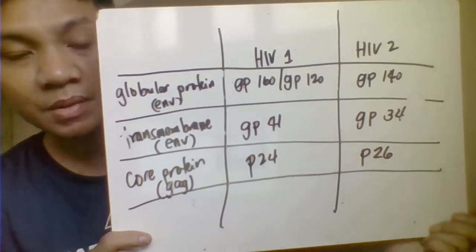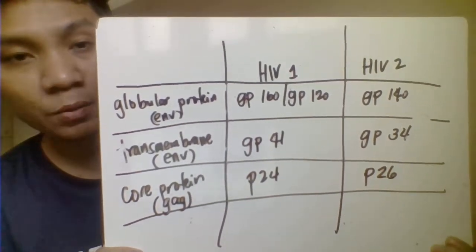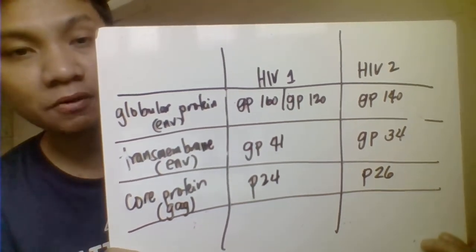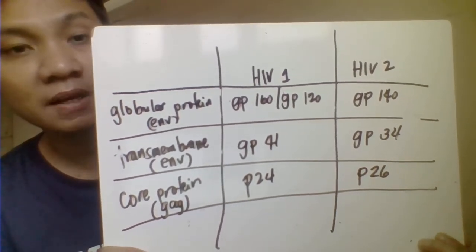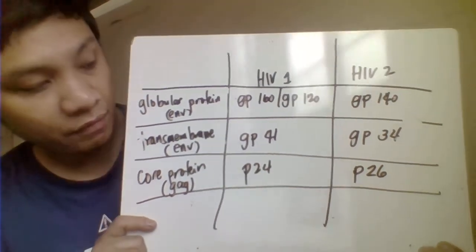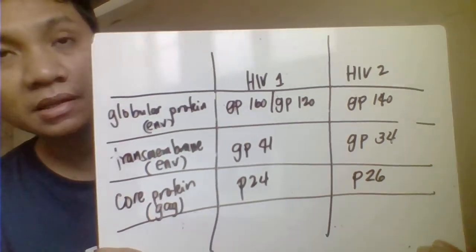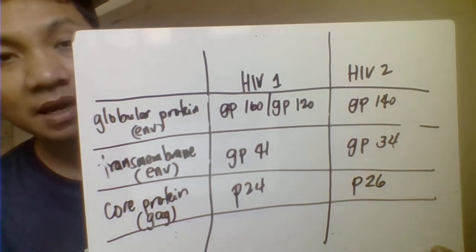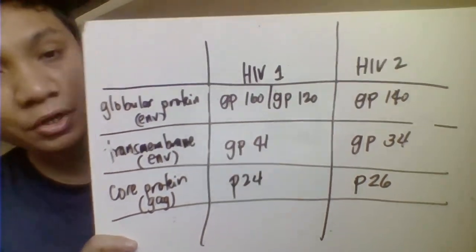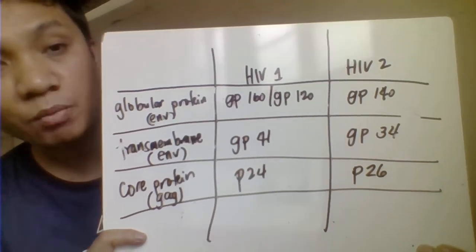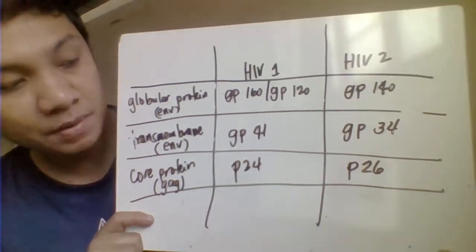Next, we have the difference between HIV-1 and HIV-2 in terms of their structure. The globular protein knob-like structure for HIV-1 is GP160, GP120. For HIV-2, we have GP140. For the transmembrane glycoprotein, HIV-1 has GP41, while HIV-2 has GP34. They also differ in their core proteins: P24 for HIV-1, and P26 for HIV-2.